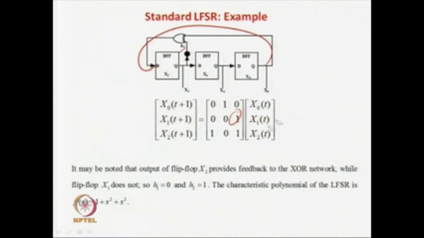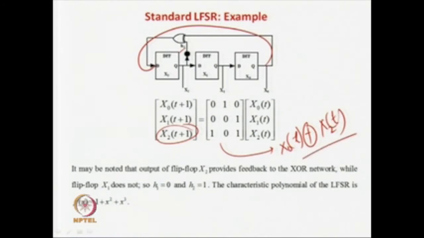And in the final case, this last one is x0 at t, this is 0 so that term will not be there, XOR with x2 at t. That is what you are getting, x2 at t XOR with x0 at t. So, only this determines it. This is the matrix representation.